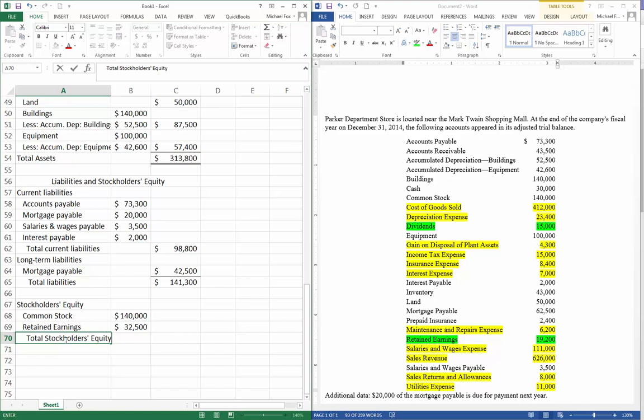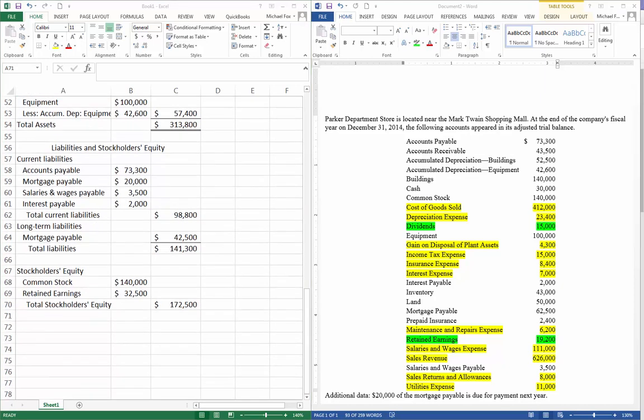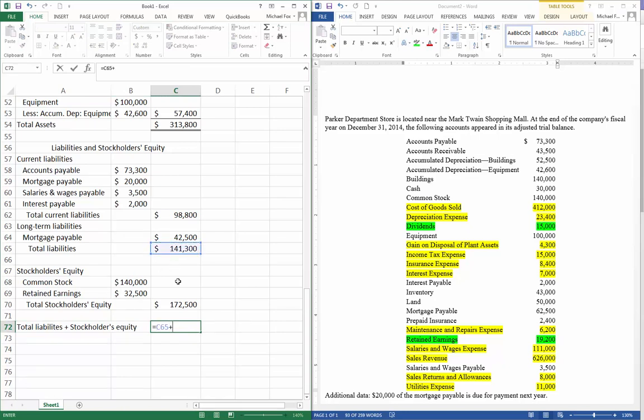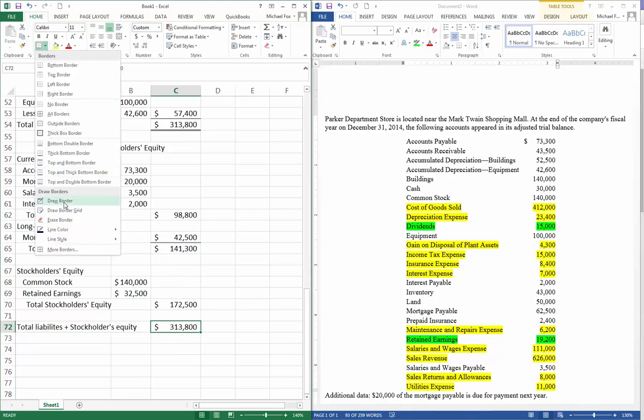Total stockholders' equity. And that will give us our total of liabilities plus equity, which should equal the same as our assets, right? 313,800. And it does, so now we throw a party.